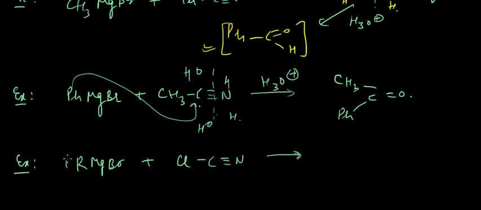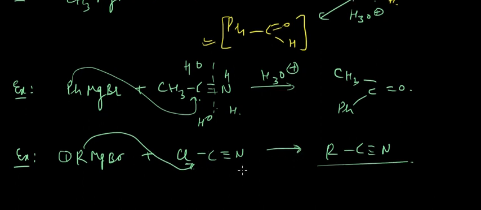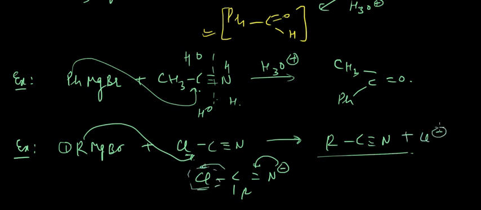We are reacting with only 1 mole of Grignard reagent, and we are not hydrolyzing it, so what will happen is we'll get R C double bond N. Okay, in this case directly the bond formation and bond breaking happens at the same pace. Or otherwise you can also have something like this. We will have N minus, and this will again remove the Cl minus group.